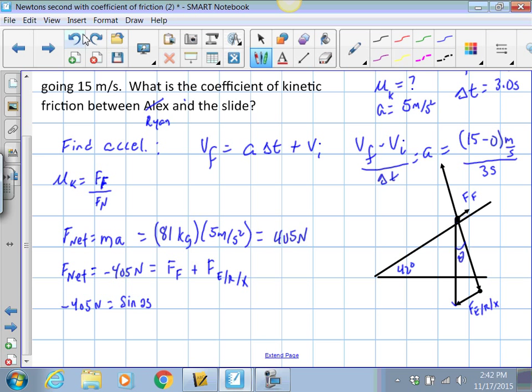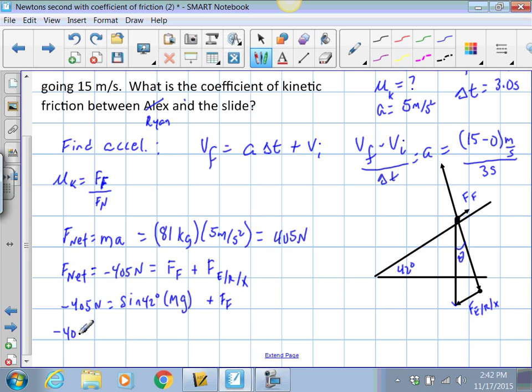Oh, sorry, it's not 25 degrees anymore. It's 42 degrees, times the weight, which is m times g. And then that's going to be plus the force of friction.